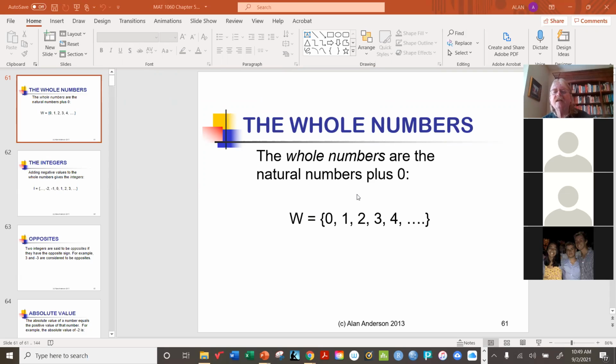And again, this is just the natural numbers plus the 0. It of course represents nothing, but it also is used as a placeholder because we have a base 10 system, and every time we move to a new place, we need a 0. In other words, the difference between 10 and 100 is a single 0. So that turned out to be a huge deal.